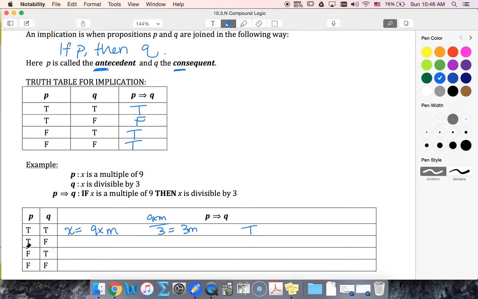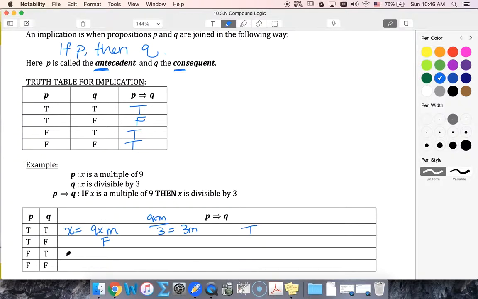So now, if X is a multiple of 9, there's no possibility that I can think of to make a Q that would not be divisible by 3. So this combination happening is impossible, so it has to be false. But now, if P is not a multiple of 9, it is still possible to pick a number divisible by 3.